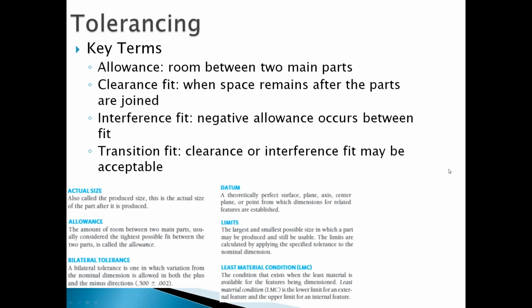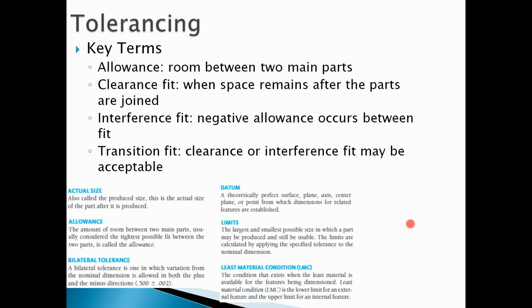The key terms we have are allowance, clearance fit, when the space remains after the parts are joined, interference fit, and transition fit. So we have a few key terms for how to define this tolerancing.